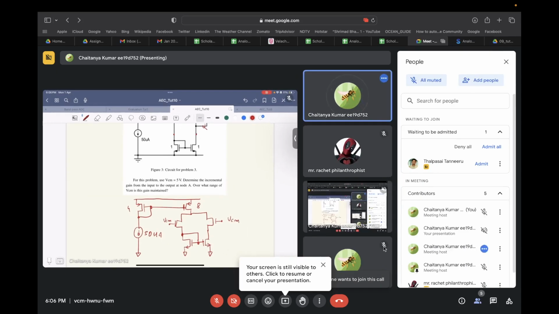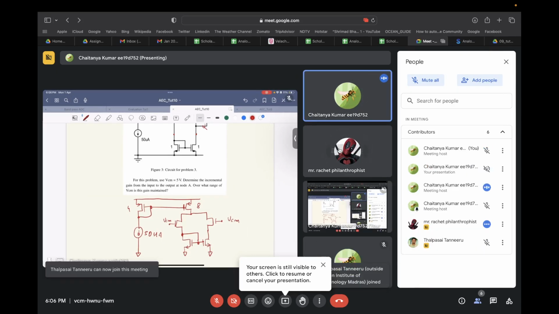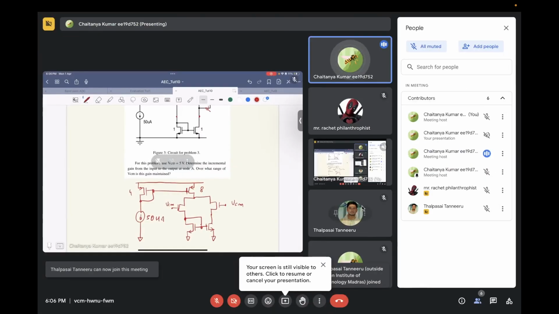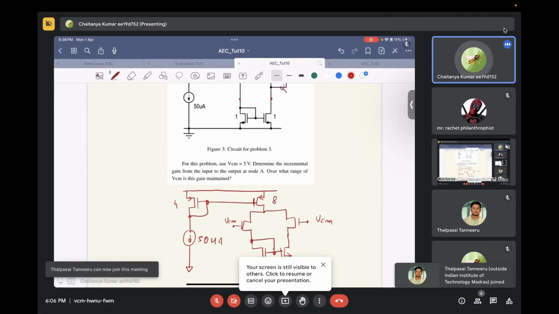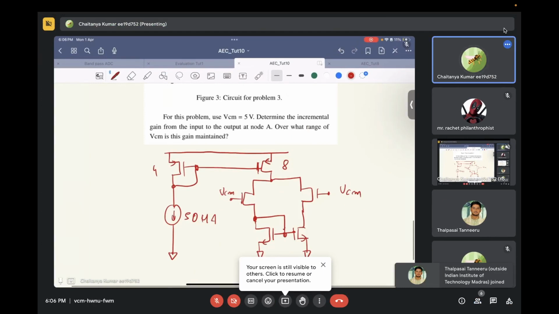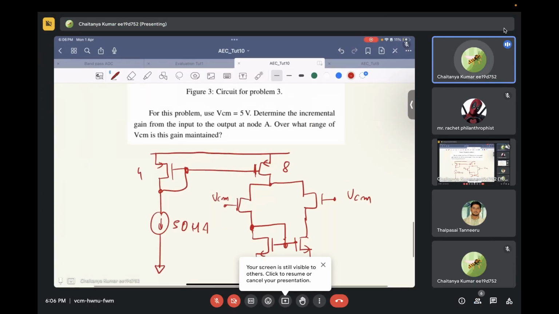Now can you tell me what kind of circuit this is? What is the function of this current mirror? How much will be the current flowing through this? Let's label the transistors: M1, M2, M3, M4, M5, and M6.